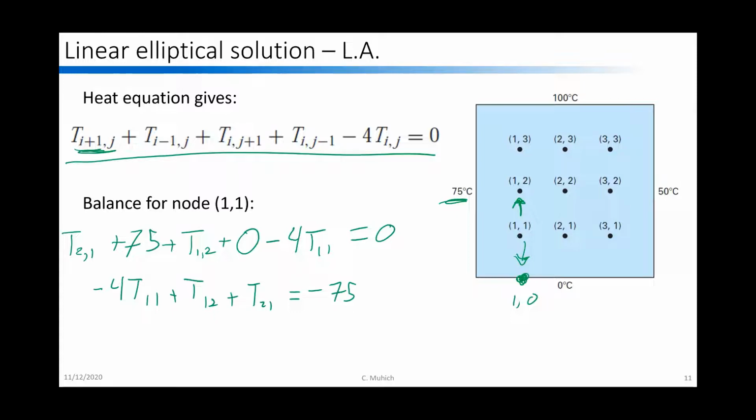Okay, so I can go through now and I can do that for each of these points within this grid where I look left, I look right, I look up, I look down, and then I rearrange to get my variables on one side and any constants on the other side. So I can repeat this for all of these different points.